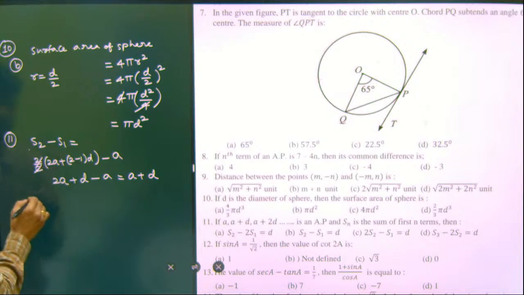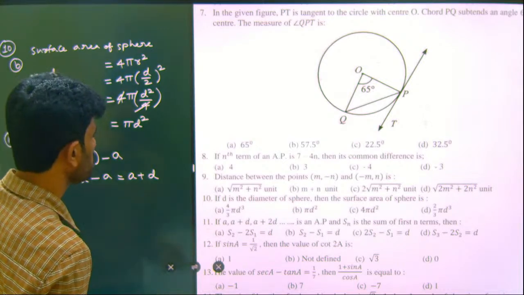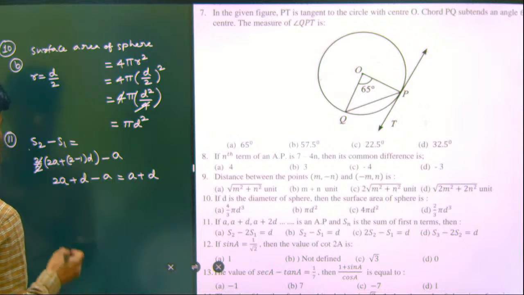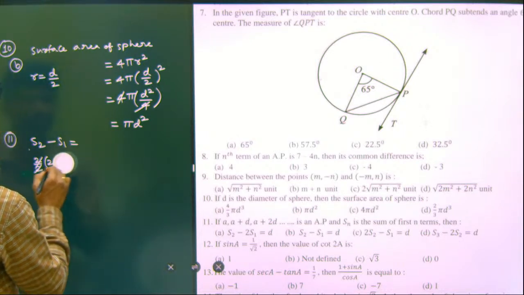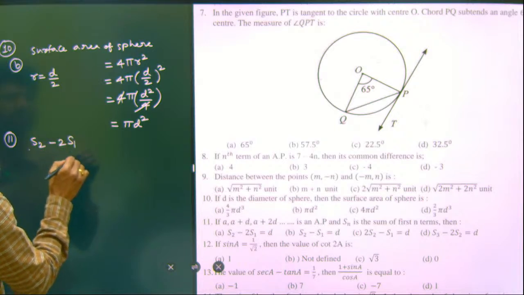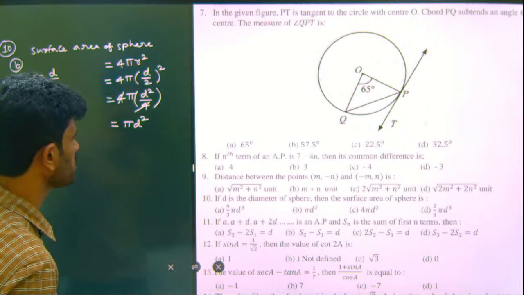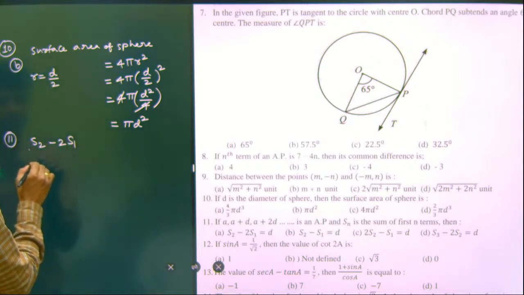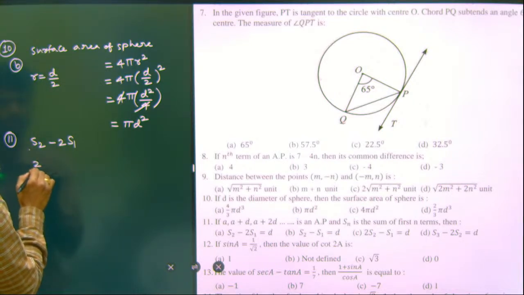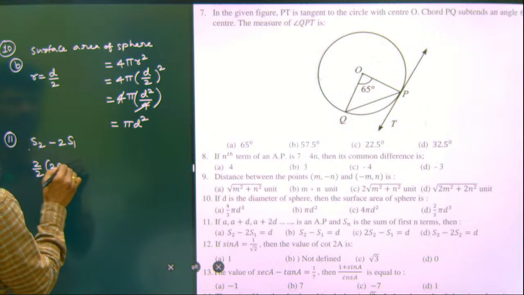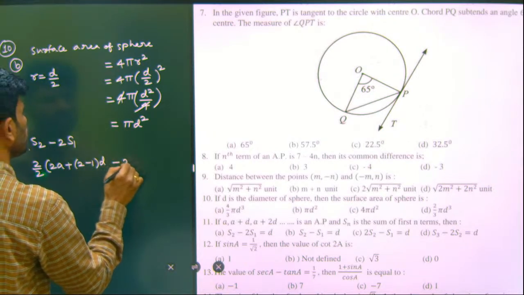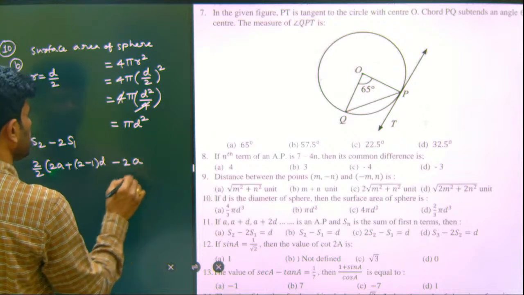Option A is not correct. Option B is what? S2 minus 2 S1. It is not S2 minus S1. So here we have to find out S2 minus 2 S1. Let us find out what S2 minus 2 S1 is. 2 by 2, 2a plus 2 minus 1 into d, minus 2 into S1, which is a itself.